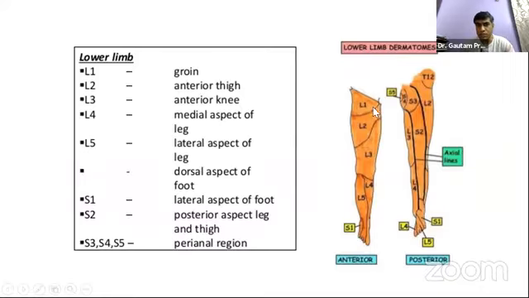L1 is over the area corresponding to the femoral triangle, L2 over the anterior aspect of the thigh, L3 specifically over the anterior medial aspect of the knee, L4 over the medial aspect of the leg, and the specific dermatome is over the medial malleolus, L5 over the first interdigital space, and S1 is over the heel or the lateral aspect of the foot.